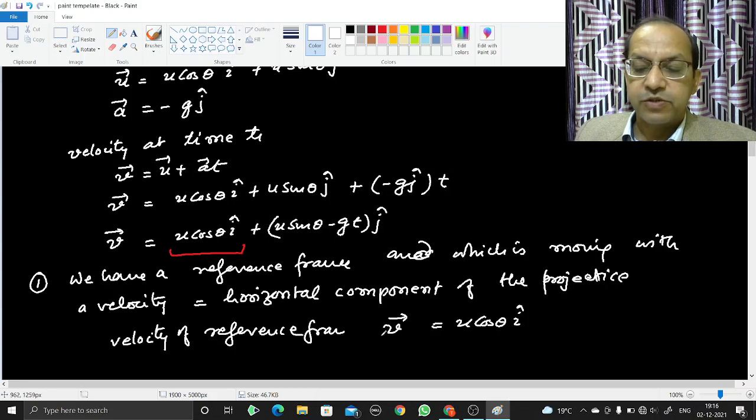Now to distinguish these two velocities, we write the velocity of the frame as vf and the velocity of the projectile as vp.